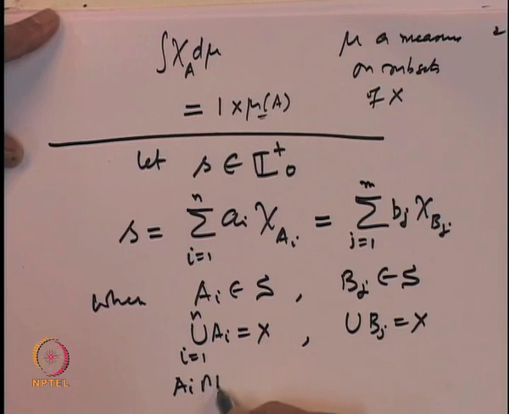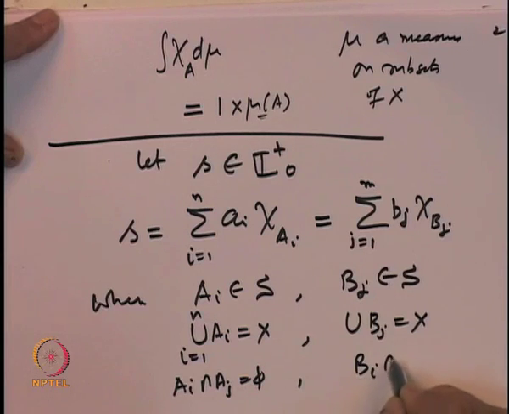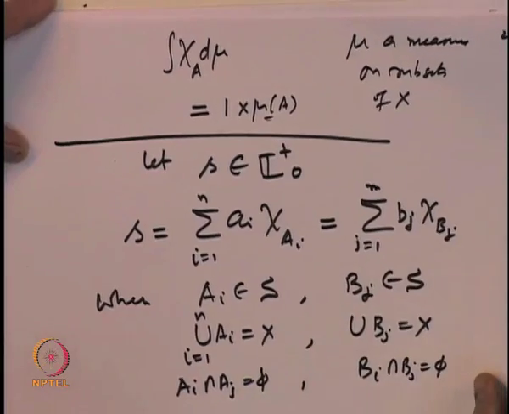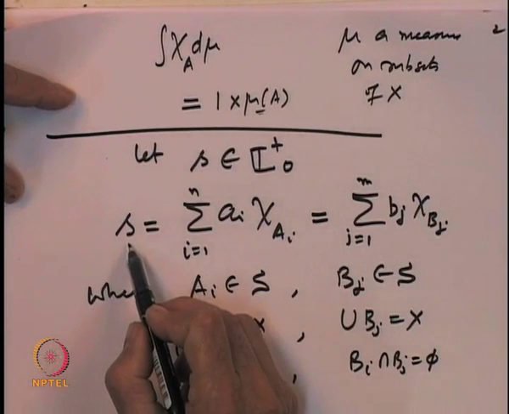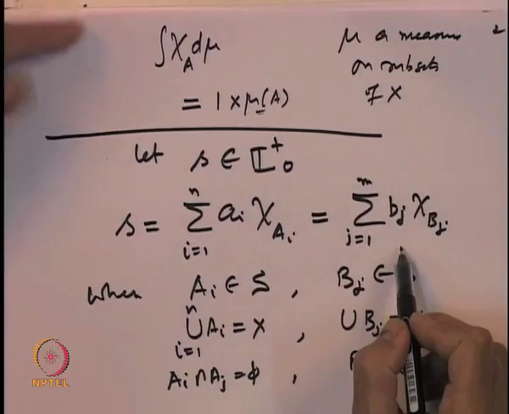So, A_i intersection A_j is empty and B_i intersection B_j is empty for i not equal to j. So, let us say that a simple function S has two representations possible.